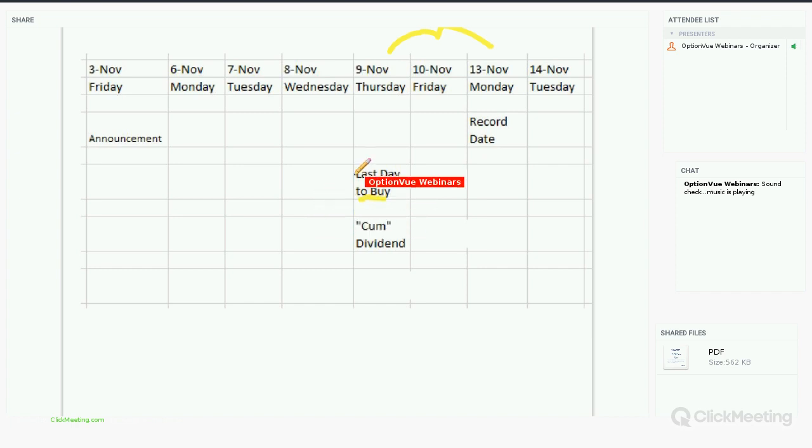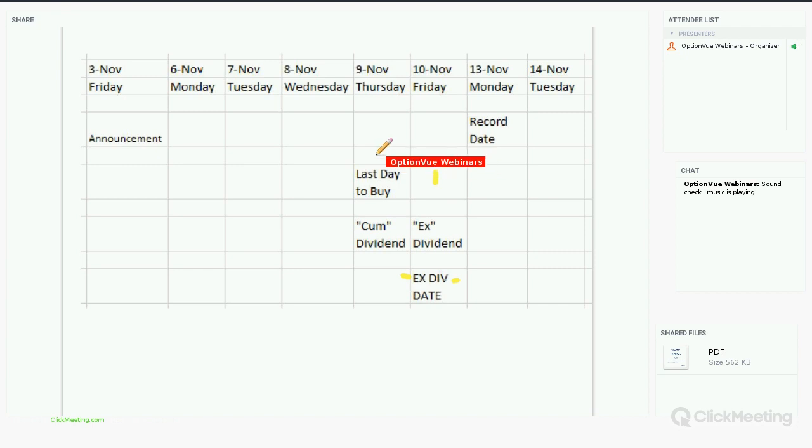And so by default, if this is the last day, because you have 2 days to settle, the very next day would be the ex-dividend date, without dividend. That's ex-div, as they call it, right there. So you cannot buy shares on the 10th of November and be included in that dividend that was announced.